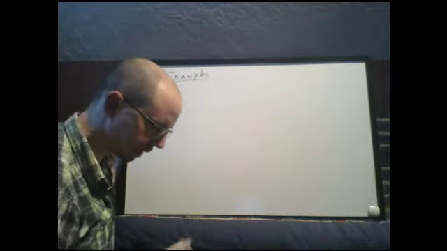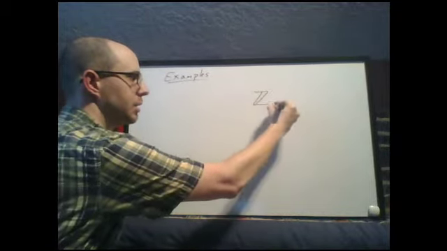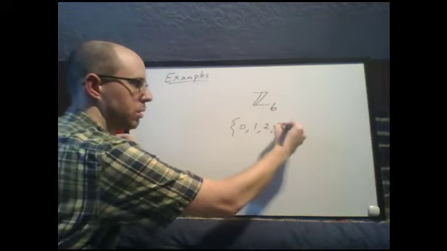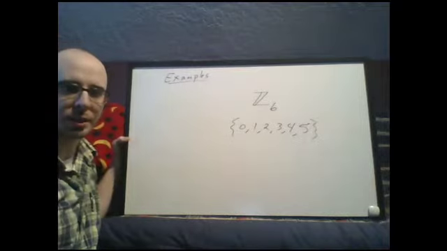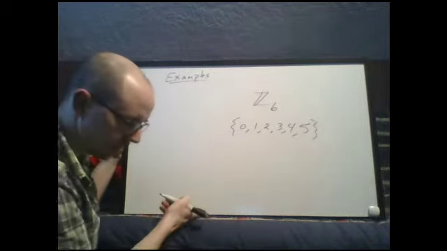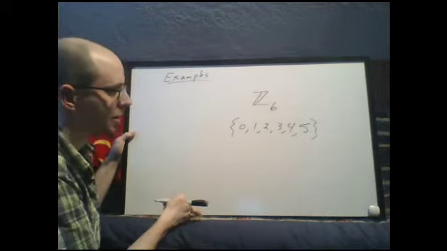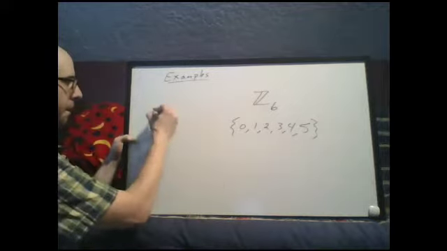So let the big ring be Z mod 6. That's as a set 0, 1, 2, 3, 4, and 5 under mod 6 operations. Now I could take the subset consisting just of 0, 2, and 4.